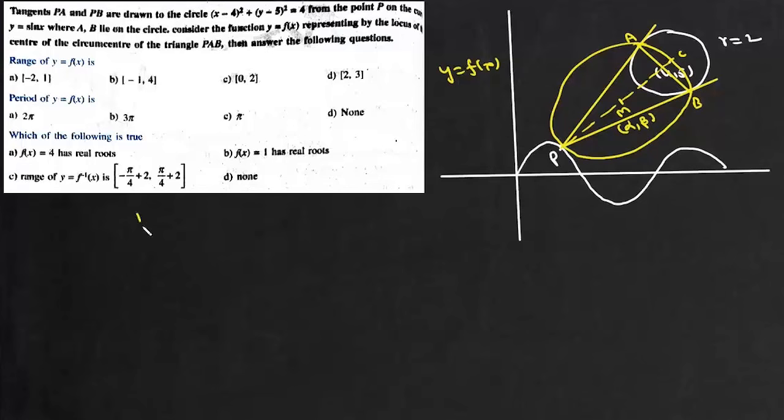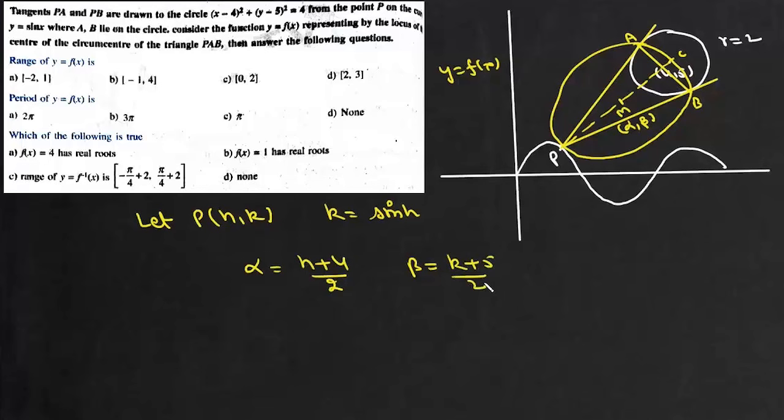Now we'll assume, let P be h comma k. So basically k will be equal to sin h. Now this M is the midpoint of PC. So this alpha will be h plus 4 by 2 and beta will be k plus 5 by 2.